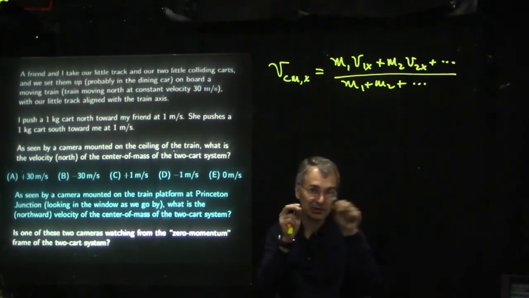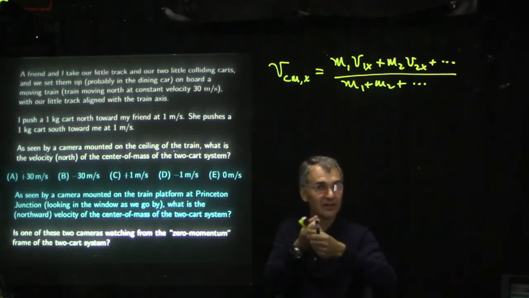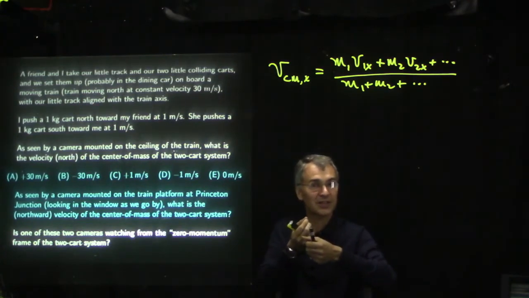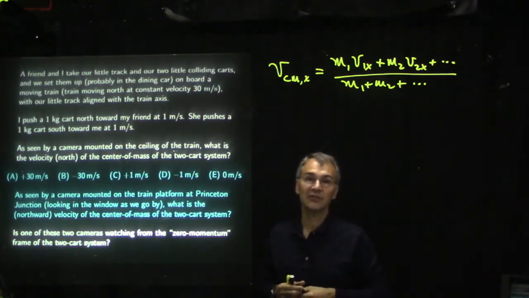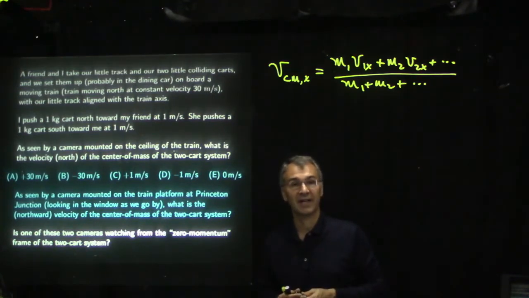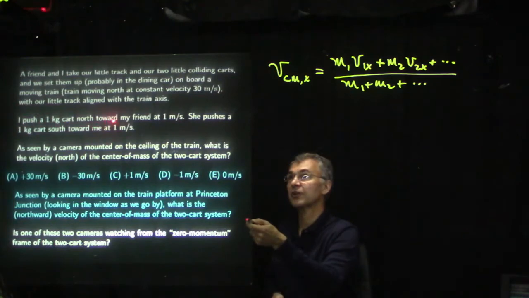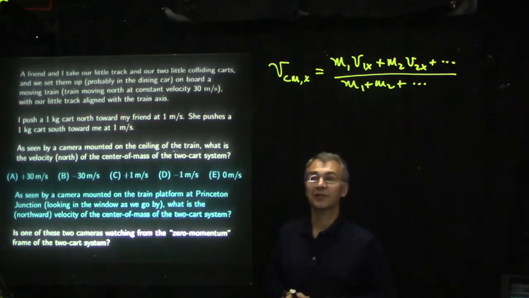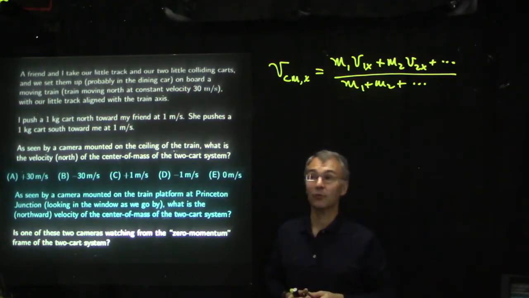So the axis of the track that we're colliding the carts on will be parallel to the axis of the train. I push a 1 kilogram cart north toward my friend at 1 meter per second. She pushes a 1 kilogram cart south toward me at 1 meter per second.